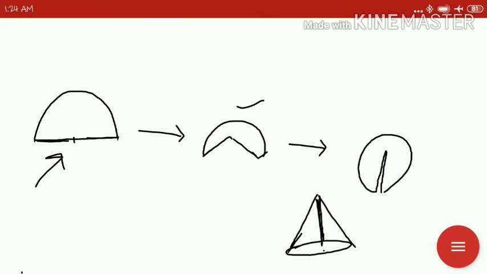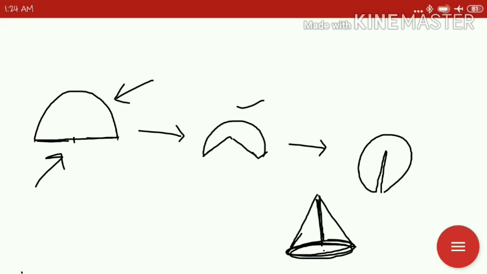So the slant height, the L, will be the same as the radius of the semicircular lamina. That is the main precise thing you have to learn from this. And another thing is that the plane area which is in the shape of a circle, the base, is formed by the curved portion of the lamina.